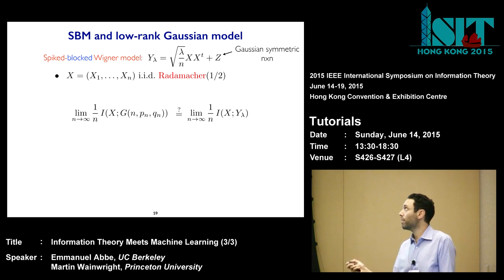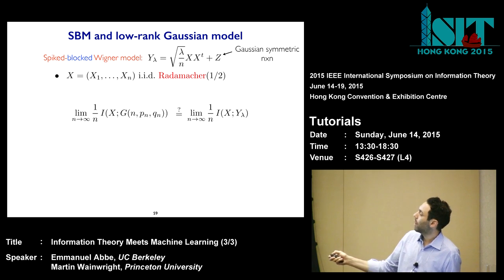Now this low rank matrix recovery problem looks like the stochastic block model with 2 communities, except that you have Gaussian noise. In the block model, the noise is symmetric and makes you go back to 0, 1. It's just a discrete noise. Here it's a Gaussian noise. But one could ask, are those models really different or are they the same? In some regimes, they are the same, perhaps. And let's try to measure being the same with mutual information.